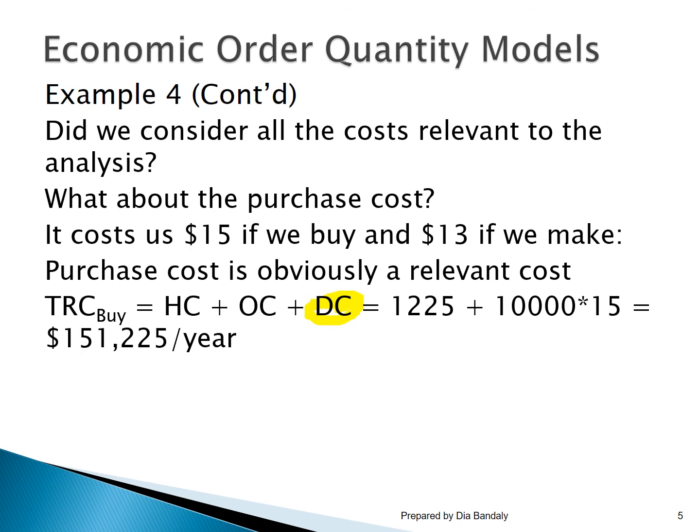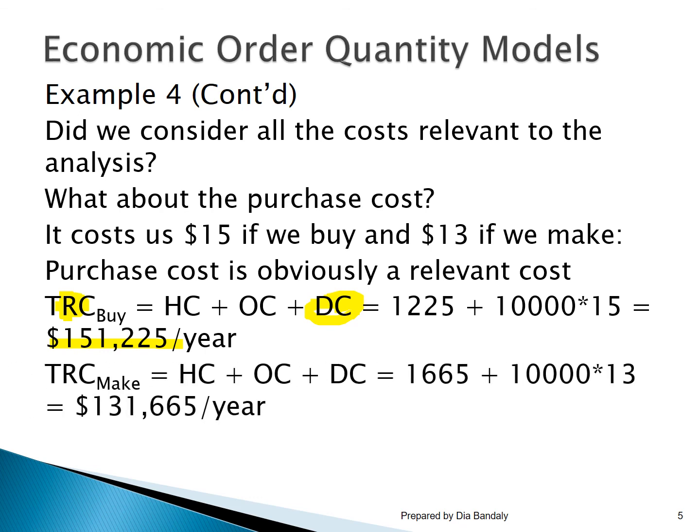So putting it into this equation, I'm calling it TRC. What's R? Relevant. We'll talk later about why I'm now using this term relevant. So that makes our total relevant cost, if we want to buy, $151,125 per year. While if we make, because it costs us only $13 to make one unit, this is what will make most of the difference.